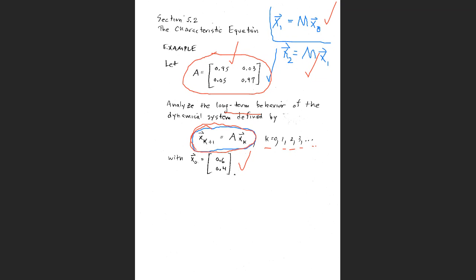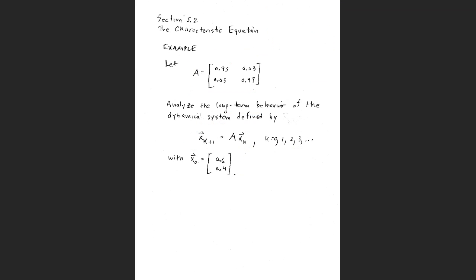Okay. Another way, of course, is you could take the matrix A here, raise it to the kth power, multiply it by x sub 0, and look at the limit of this as k approaches infinity.